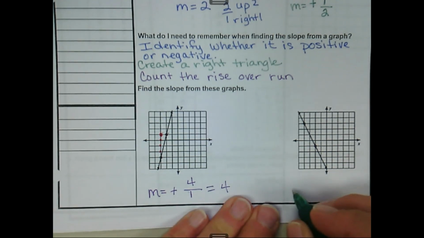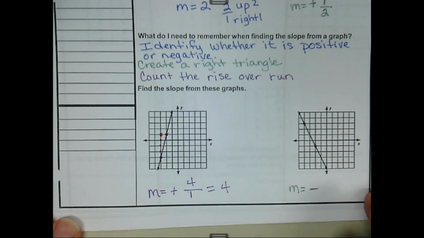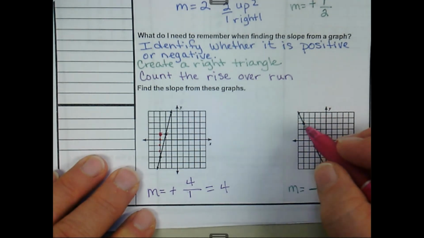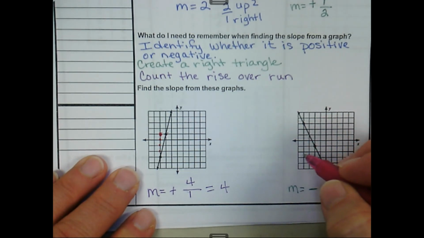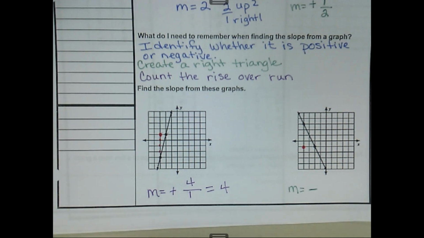Is it a positive or a negative slope? It's negative because it's going down. So as we're looking at this, here's my vertical line, here's my horizontal line. I'm creating that right triangle. Now I count.